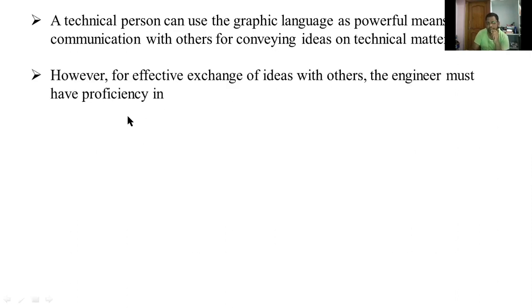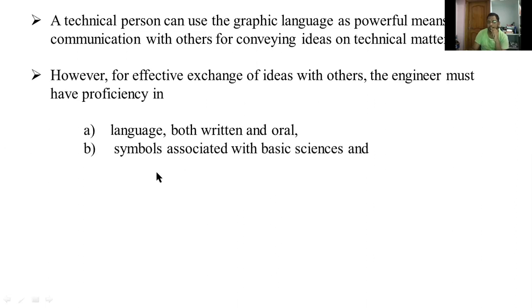However, for effective exchange of ideas with others, the engineer must have proficiency in language. First one is language, both written and oral. Second one is symbols associated with the basic sciences. And third one is the graphic language.